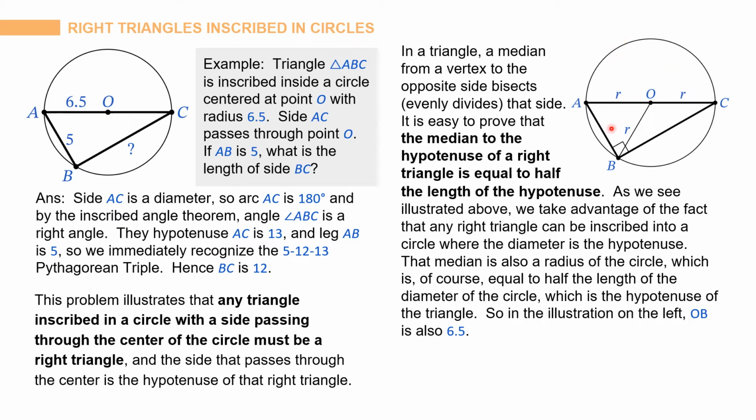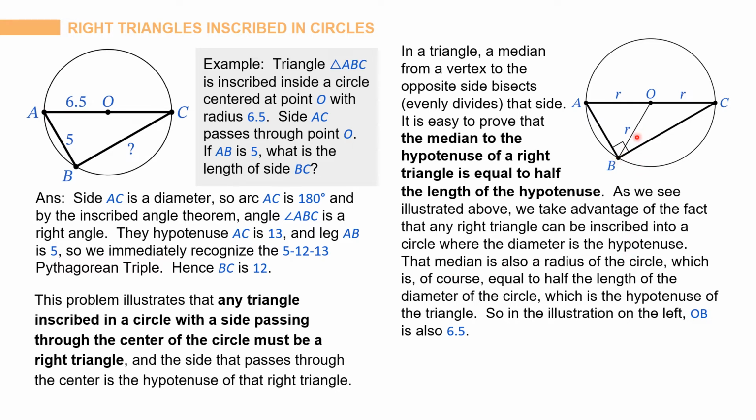As you could tell by the figure I've already drawn, we're going to use the inscribed angle theorem to show this. In the illustration here, we take advantage of the fact that any right triangle can be inscribed into a circle where the diameter is the hypotenuse. That median is also a radius of the circle, right?